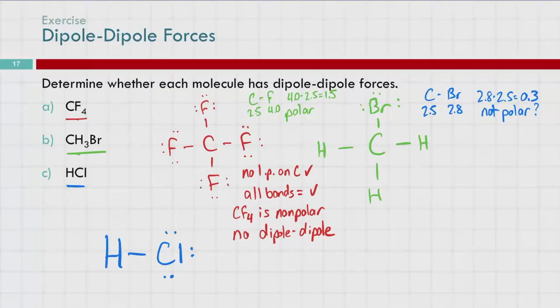However, if we draw this out, I'll do it this way. So on the left, we've got a bond that's in the plane of the board, so it's flat.